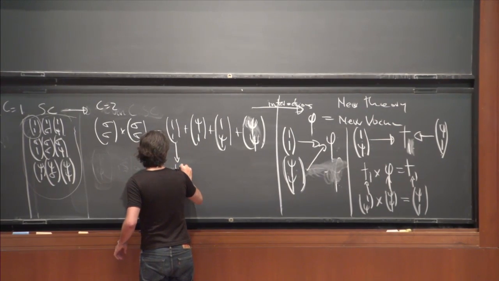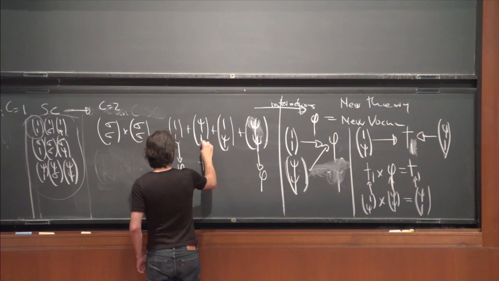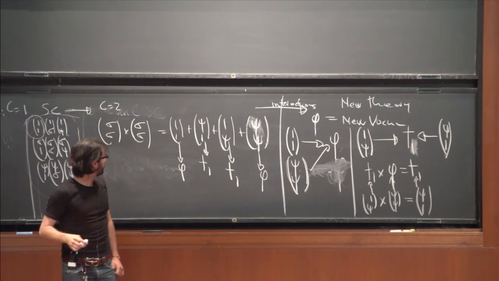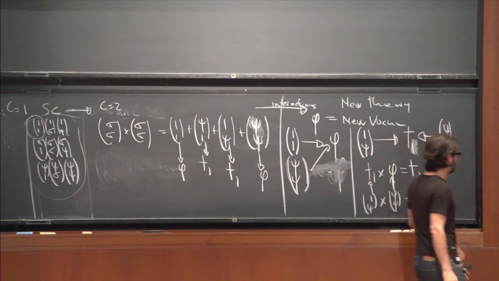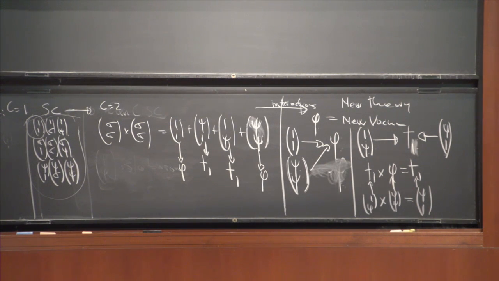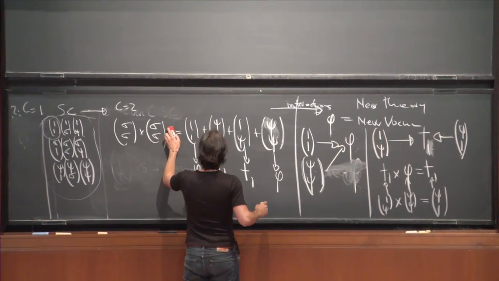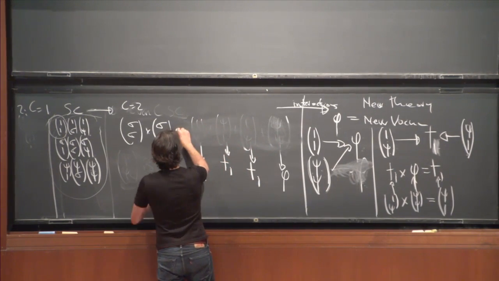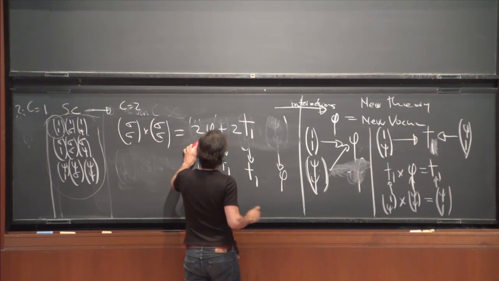This maps into the phi. This also maps into the phi. This maps into the T1. This also maps into the T1. So in other words, sigma times sigma in the new theory, let me just draw it here, goes into 2 phi plus 2 times T1.